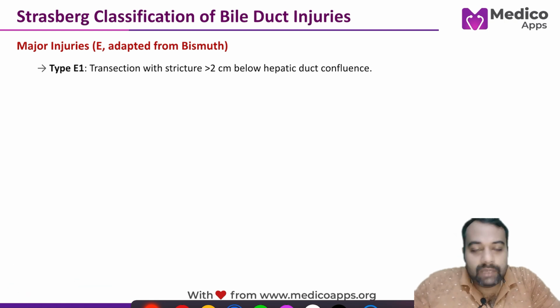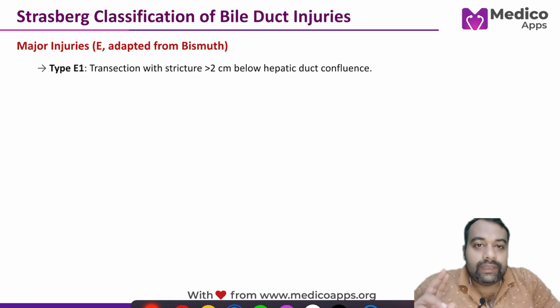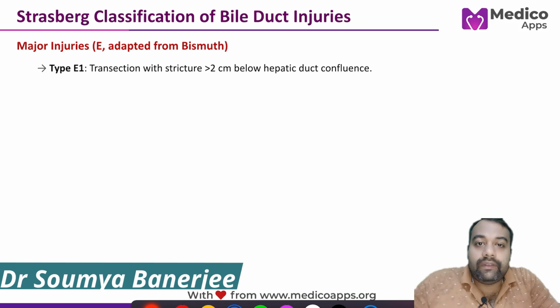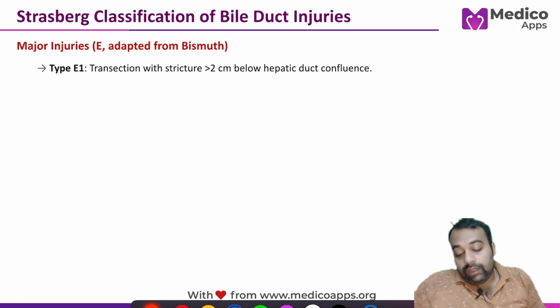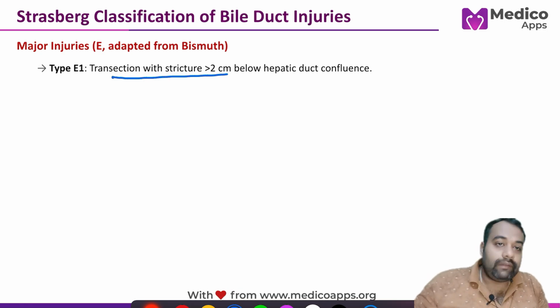So we have the type E1, where there is a transection in the hepatobiliary tree. This transection is located 2 centimeter away from the confluence, that is your E1. So the transection or stricture is located more than 2 centimeter away from the confluence.